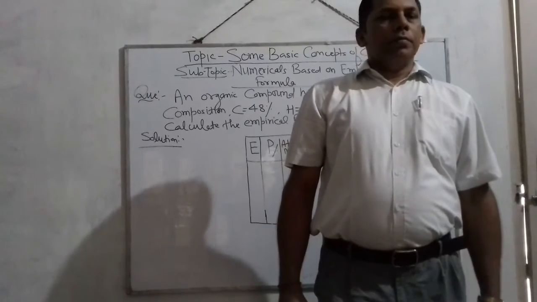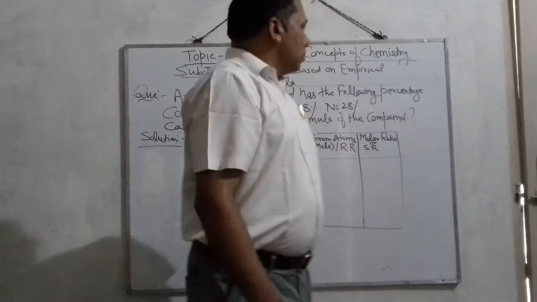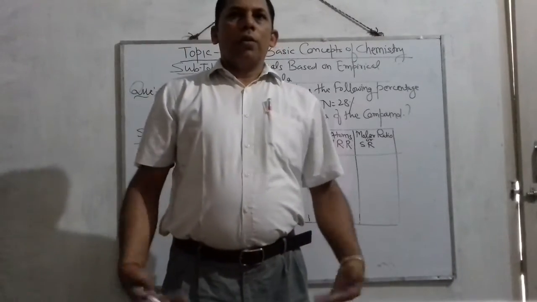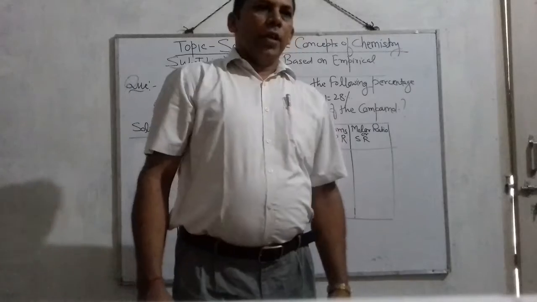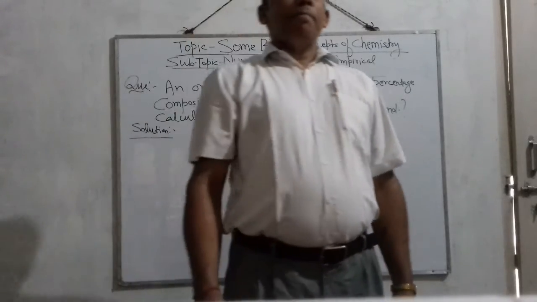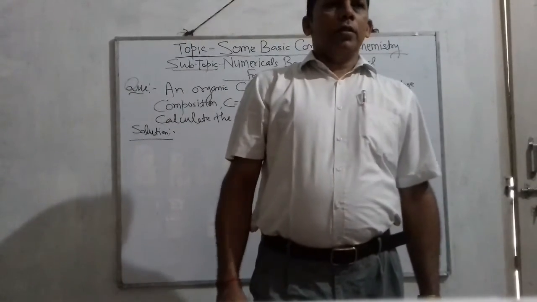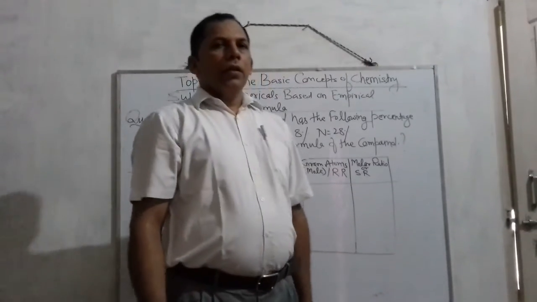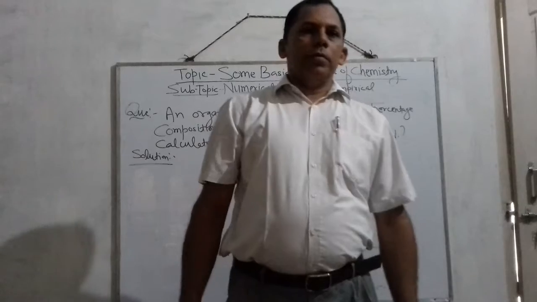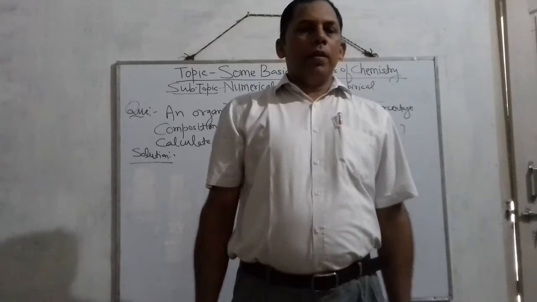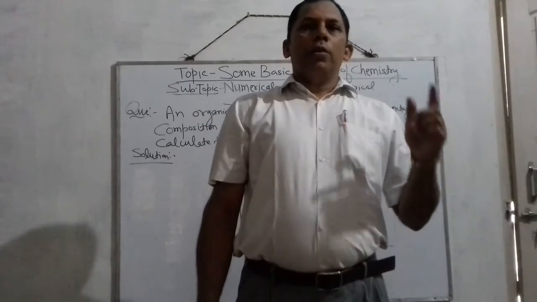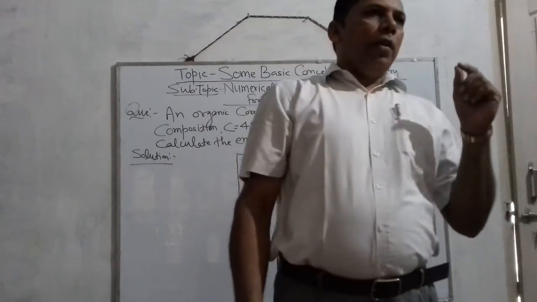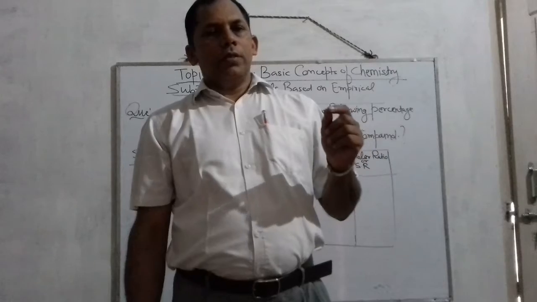If you know the steps or rules which I have explained, then you will be in a position to determine the empirical formula of a compound. So you must remember the steps involved in the determination of the empirical formula of the compound.